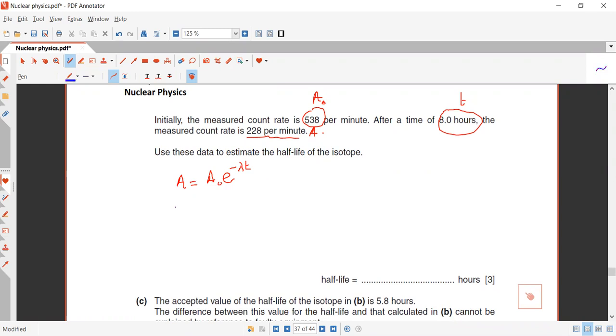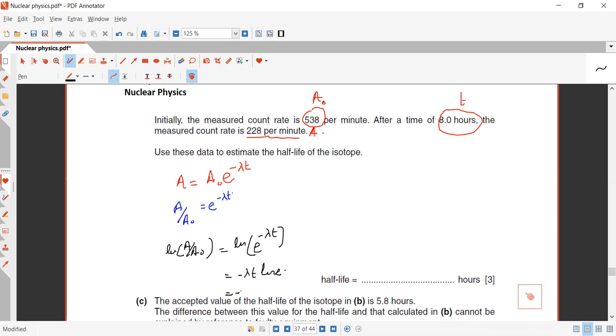It will become A by A naught equals e to the power minus lambda t. We can take the natural log of both sides, so it's going to look like natural log of A divided by A naught equals natural log of e to the power negative lambda t. So it's going to be negative lambda t times natural log e.